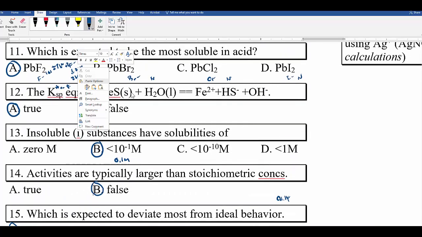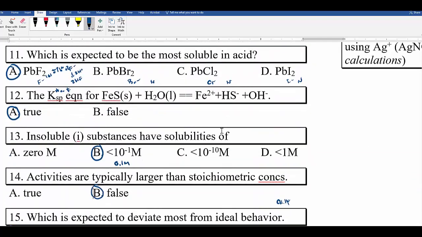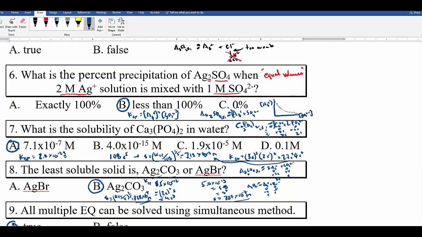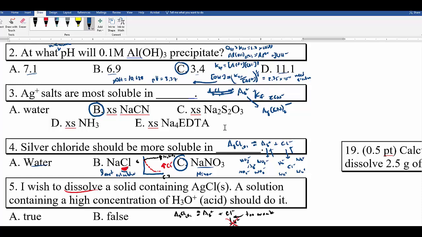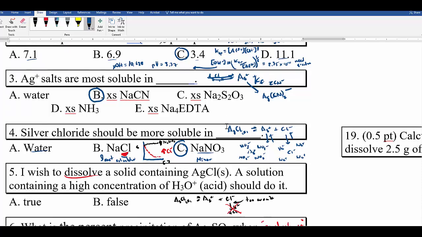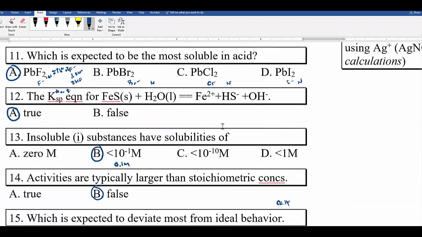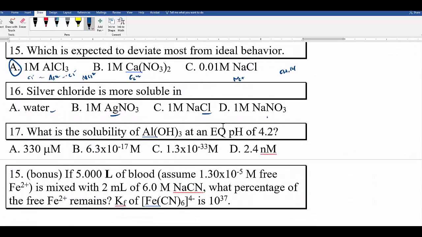This is the same question as earlier. It's the uncommon ion effect. So it wasn't supposed to be a repeat. It should have been something different.